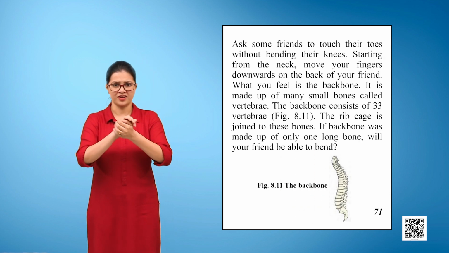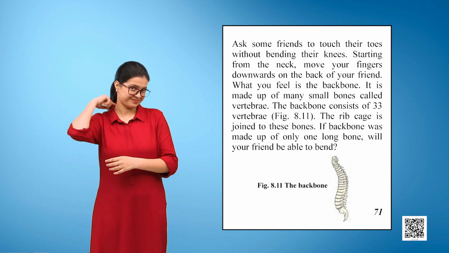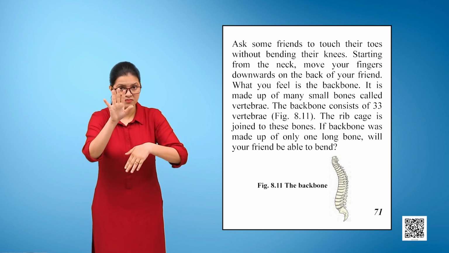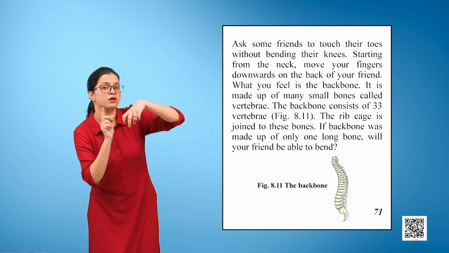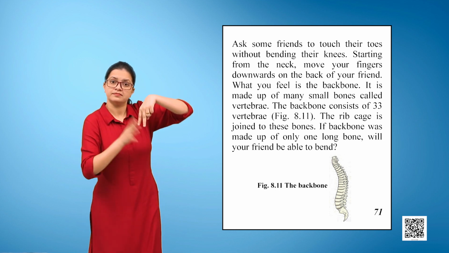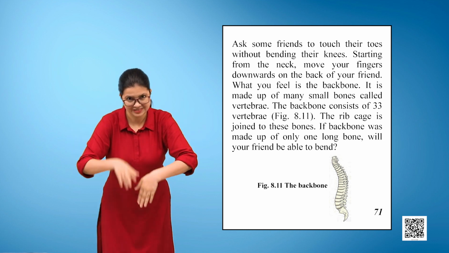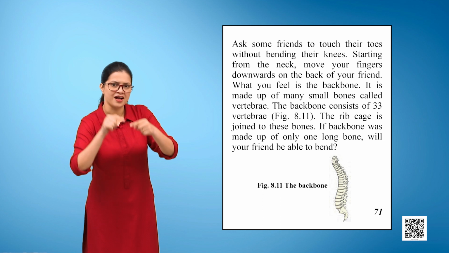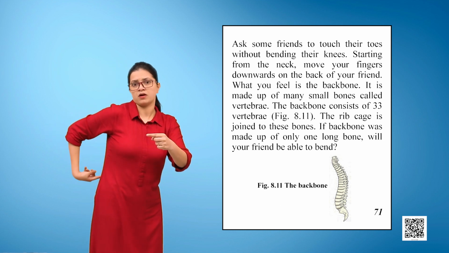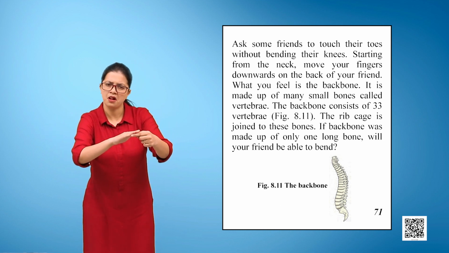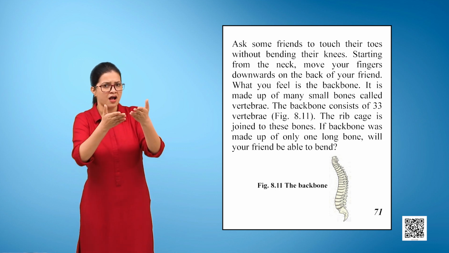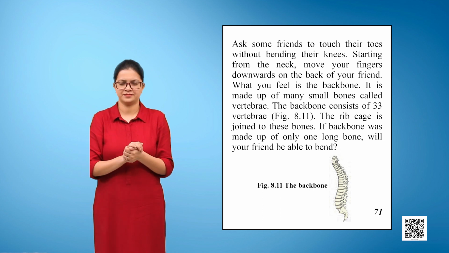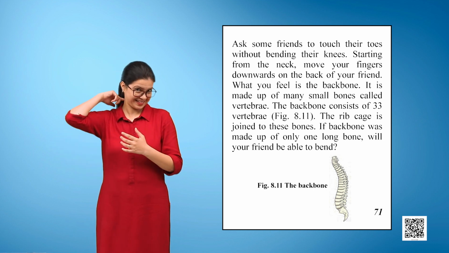Ask some friends to touch their toes without bending their knees. Starting from the neck, move your fingers downwards on the back of your friend. What you feel is the backbone.